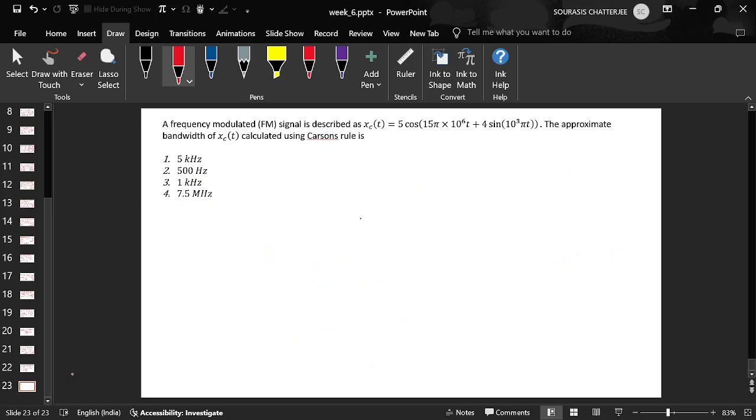We next have again the frequency modulated signal expression as xc(t), which is given as 5 cos of 15 pi into 10 to the power 6 t plus 4 sine 10 to the power 3 pi t. So again it's a sinusoidal modulation.